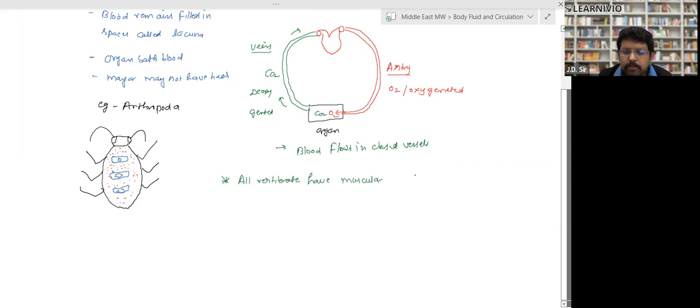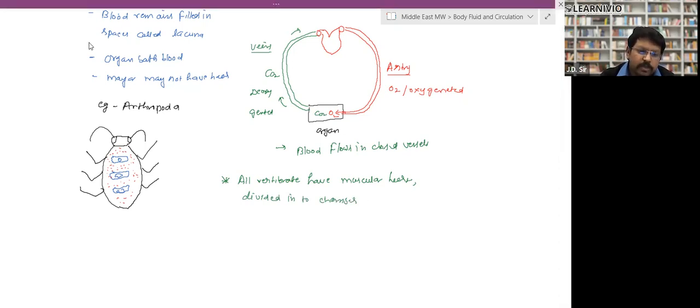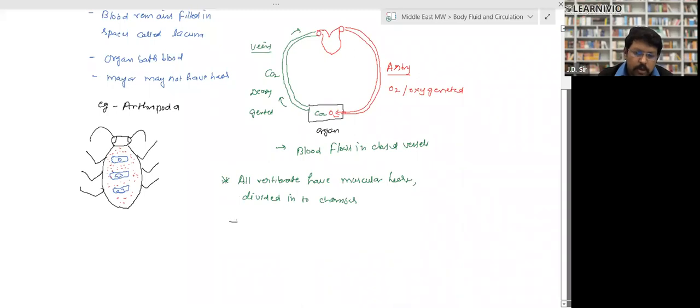For sure, a muscular heart will be present, and that heart is divided into chambers. Out of them, Pisces, that is fishes, have a two-chamber heart.